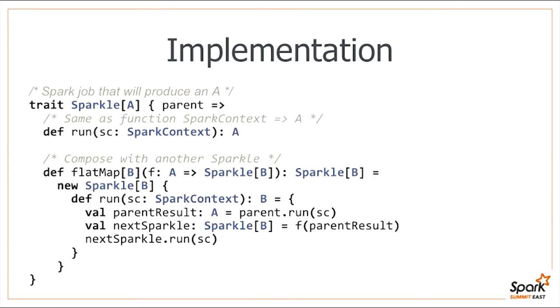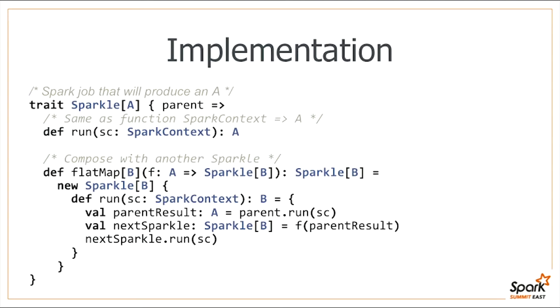A Sparkle will also have flat map. This is what allows us to do the very nice for comprehension. What flat map does is it gives you a new Sparkle, where in the run method, all it does is trigger run on all the parent Sparkles that it's had in the chain, takes that result, and applies it on the function that you've provided.